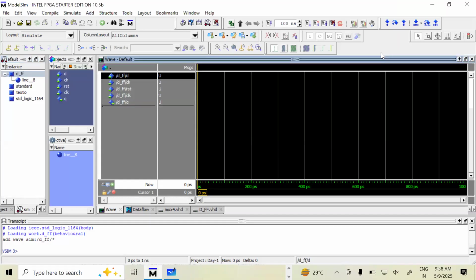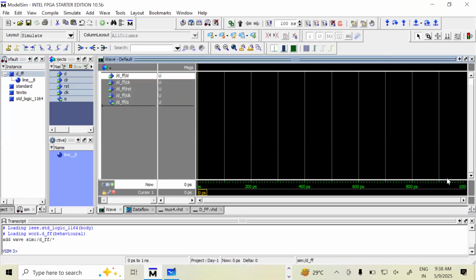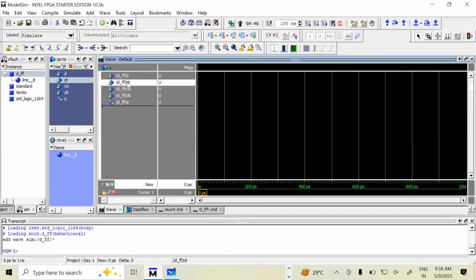Here, you can see that there are three inputs, D, CLR, and RST. RST is also in here.